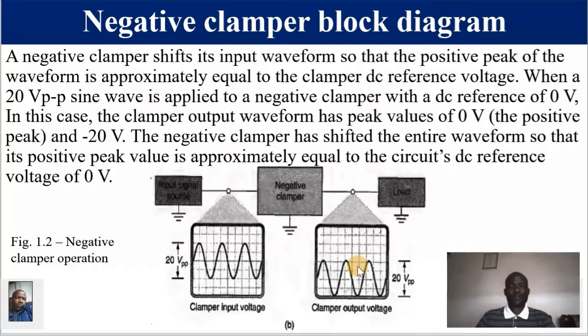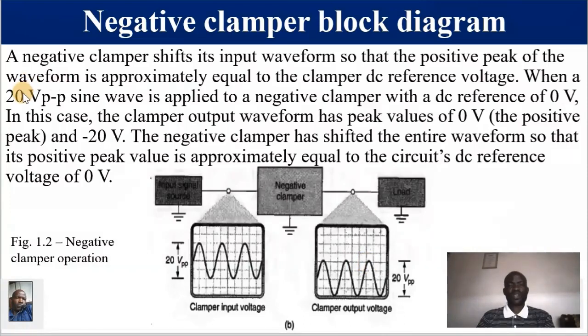A negative clamper shifts the input signal so that its positive peak, this is the positive peak, mind you, these are negative peaks, must be equal to the DC reference voltage, and our DC reference voltage is 0 volts. So this positive peak now sits on the 0 reference voltage.